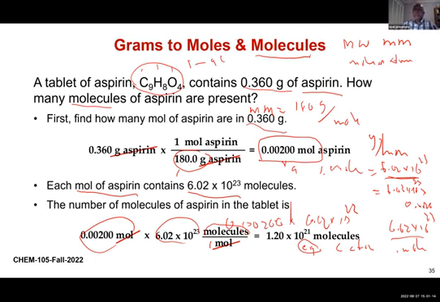Therefore, if this aspirin sample has that many molecules, to get the carbon atoms you multiply this number by 9. To get the hydrogen atoms, you have to multiply that by 8. For oxygen atoms, multiply this by 4. The subscript shows how many atoms are in each molecule.